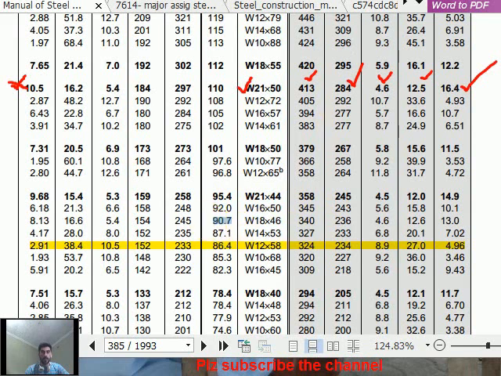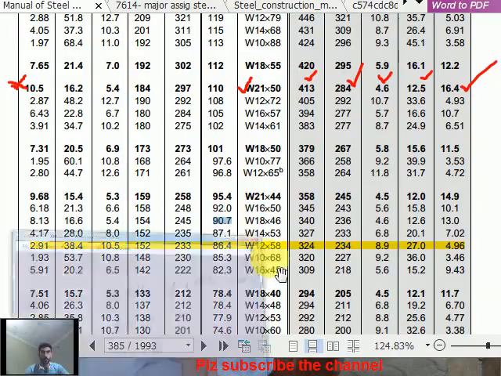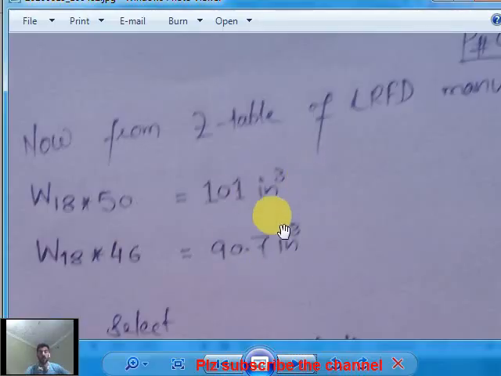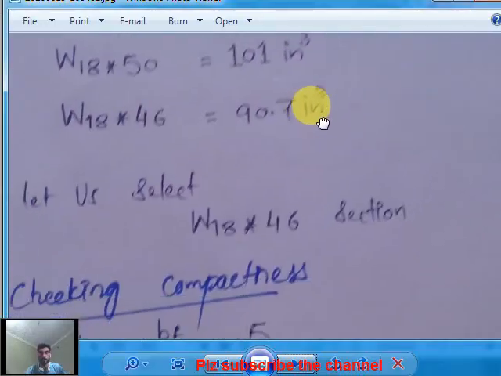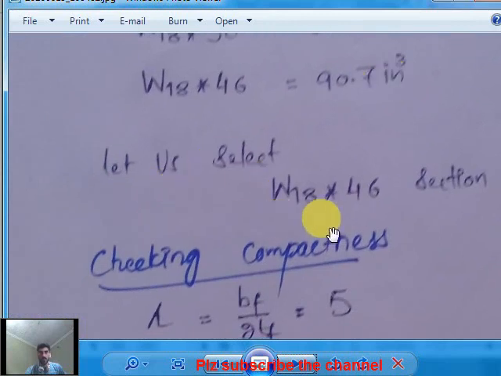So this is the way we got these values. Now let us select W18 46. Although this is not the lightest section, in part 1 we are not bound to select the lightest section. We are allowed to use whatever section, clear?